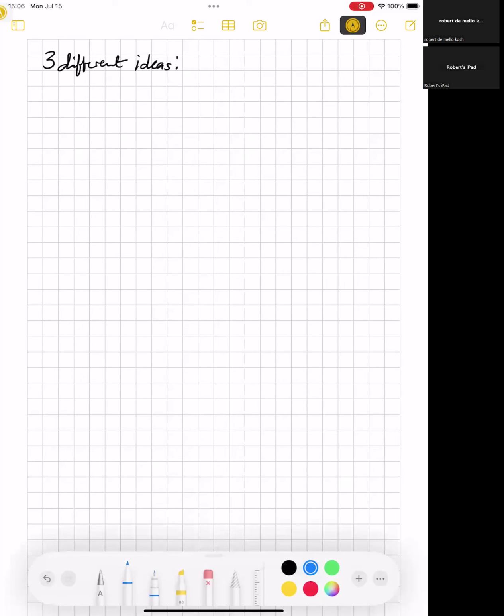So the first idea is whether a graph is connected. Let's put a big C there for connected. Whether it's disconnected, let's put a big D there for disconnected, or whether it's vacuum. Put a big V there for vacuum, okay?